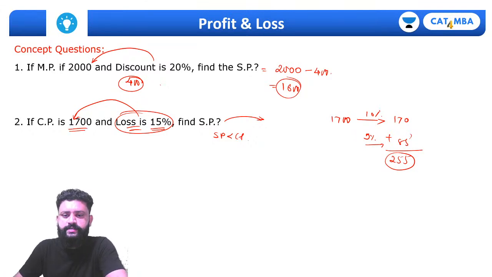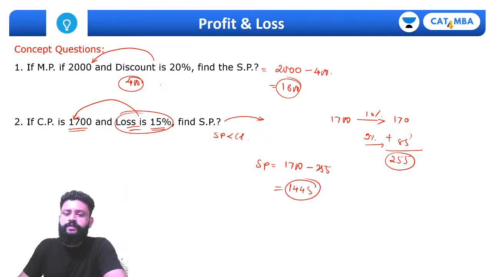So selling price will be equal to 1700 minus 255. So if we subtract 200, that comes out to 1500, and 1445 in total. So these two are really simple questions, guys.